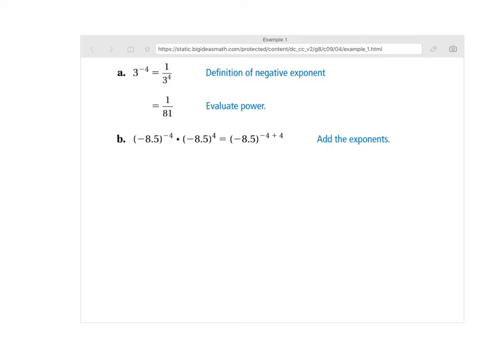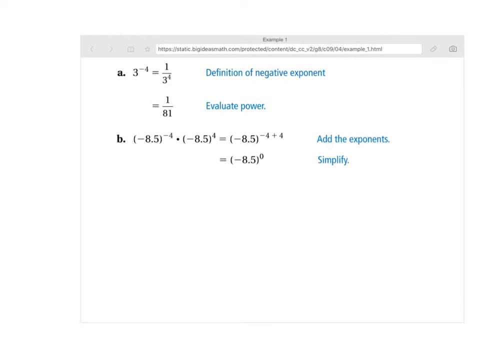What if I have a negative 8.5 to the power of negative 4 times a negative 8.5 to the power of positive 4? Okay, well remember, when you're multiplying bases that are the same base, you add the exponents. So you see here we simplified it to, we only wrote the base one time, and we have a negative 4 plus a 4. Well, what's negative 4 plus 4? 0.